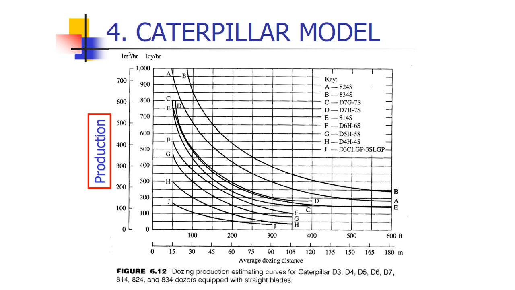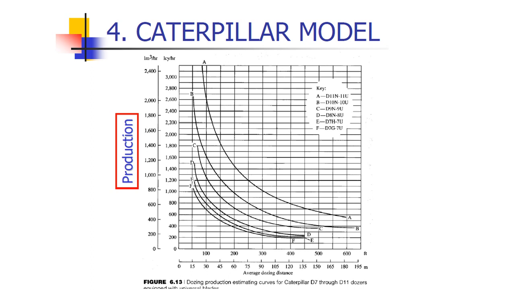So if you look here, the range for the average dozing distance starts maybe from 90. This is the absolute maximum, maybe, if we look at D7 S, you will notice that the maximum here is 400 feet or 120 meters.